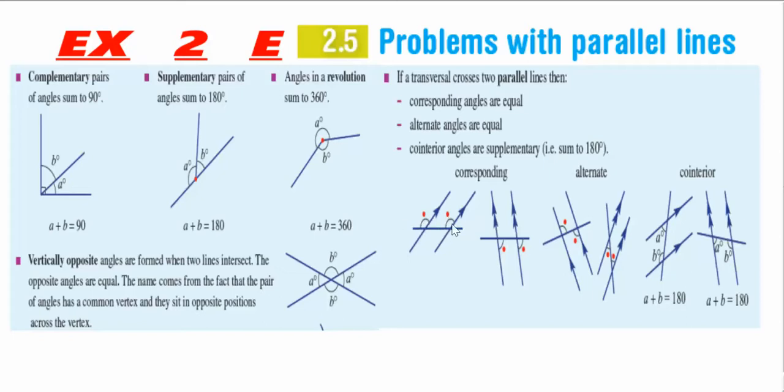So your corresponding angles are always going to be equal, your alternate angles are going to be equal, and your co-interior angles always add up to 180. You've got to know all these and recognize them and use them to be able to work out other angles that are created through parallel lines and these transverse lines. So you really need to refer back to these and think about them in trying to solve these problems.